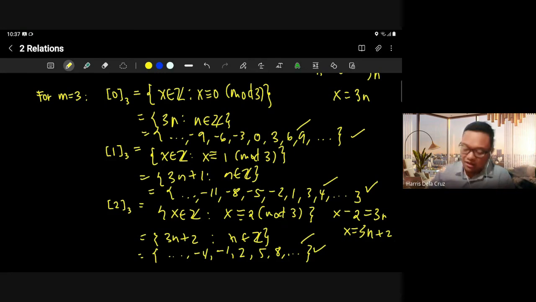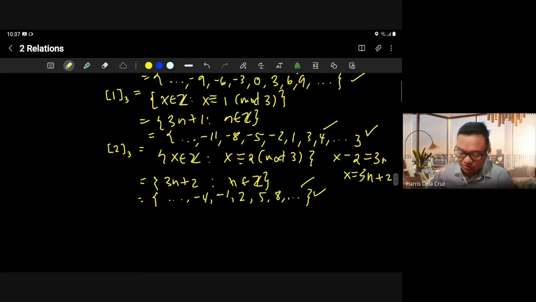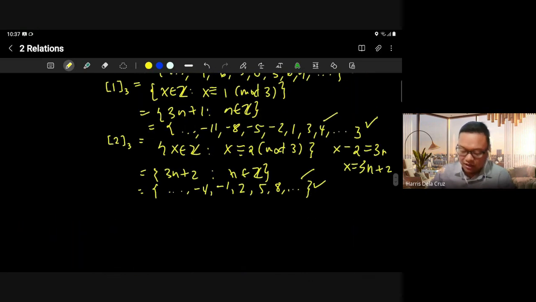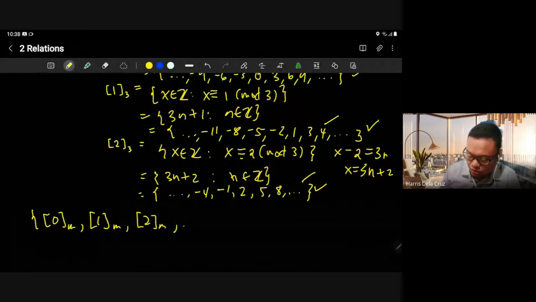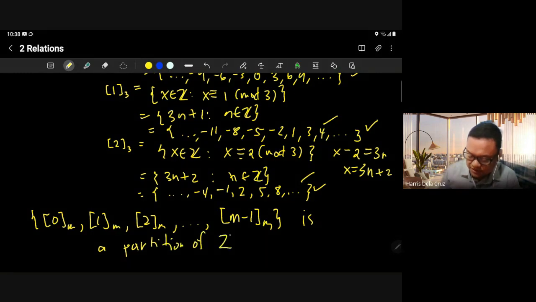Okay? In general, this collection, anong collection? Yung 0 bracket m, 1 bracket m, 2 bracket m, and so on, up to m minus 1 bracket m, is a partition of Z. So, for any m, this set is a partition.